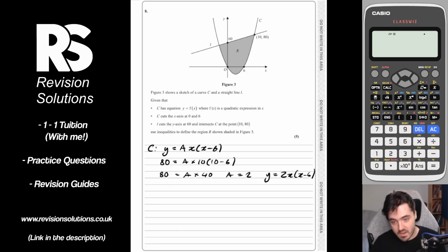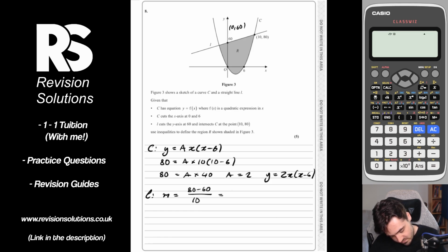And then L is a straight line, so it's a straight line equation, y equals mx plus c. We can find the gradient because we know 2 points. So let's start with that. For L, the gradient is the rise over the run. This is the point (0, 60), excuse me, and this is the point (10, 80). So the rise is 80 minus 60 over the run, which is just 10.